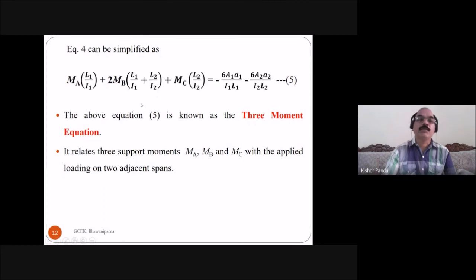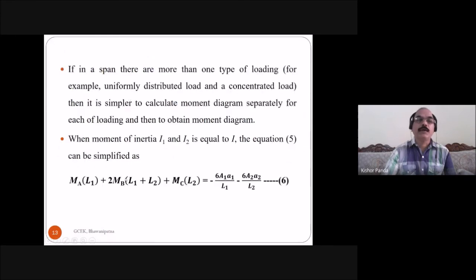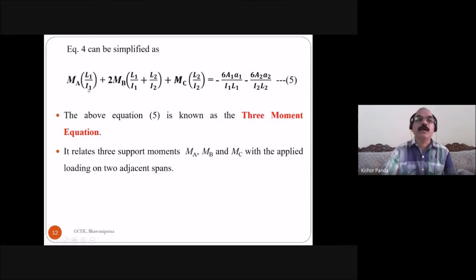If the moment of inertia is the same, that is I1 is equal to I2 is equal to I, in that case the equation you can simplify, because I1, I2 are all the same I, and this side also I1, I2 are the same, so this I cancels on both sides.